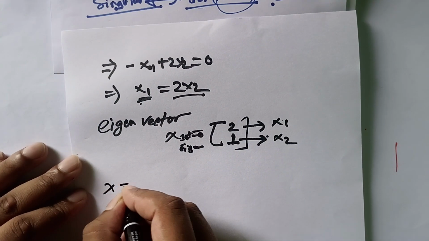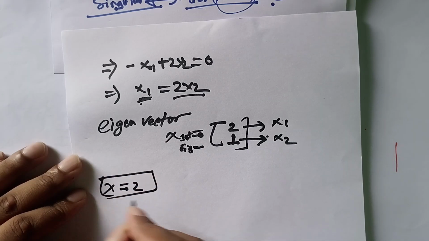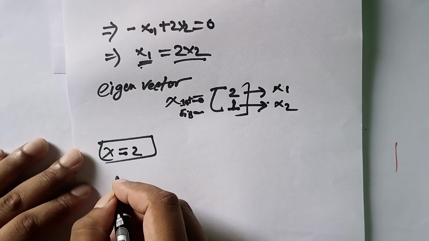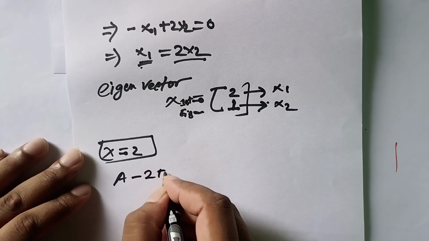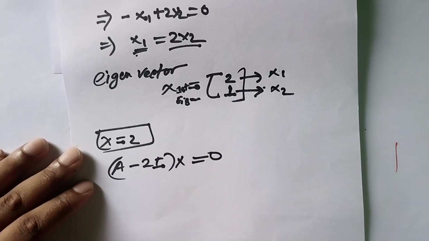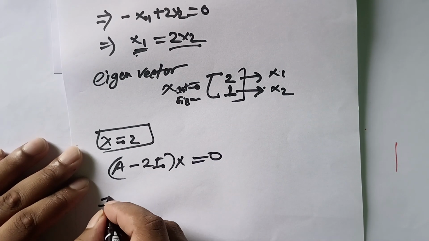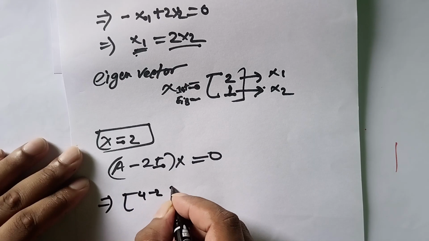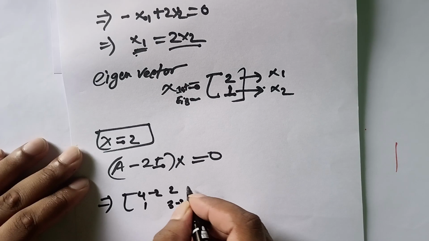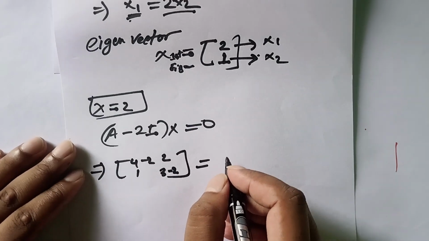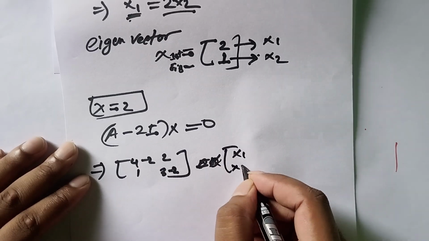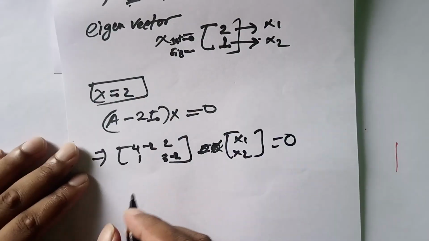Now for lambda is equal to 2, we will again solve (A minus 2I) x is equal to 0. So we will find [4 minus 2, 2; 1, 3 minus 2] times [x1, x2] is equal to 0.